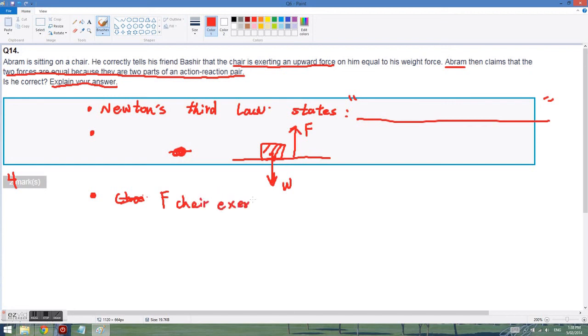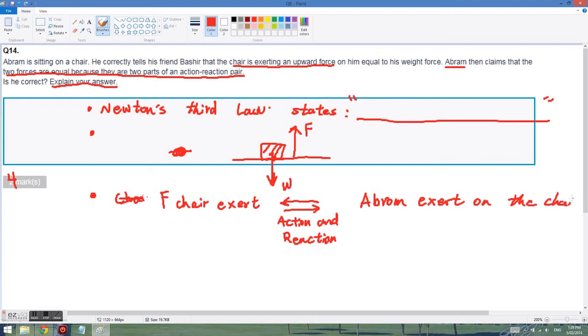It is an action and reaction pair with the force Abraham exerts on the chair.